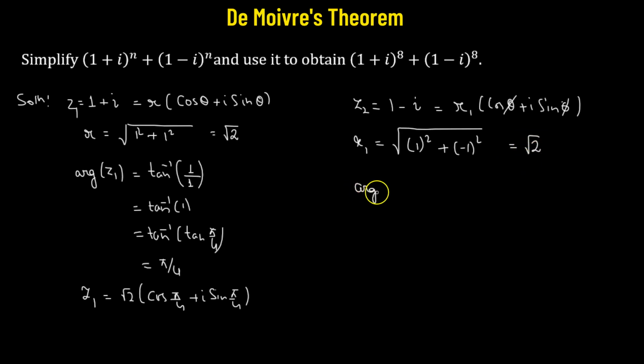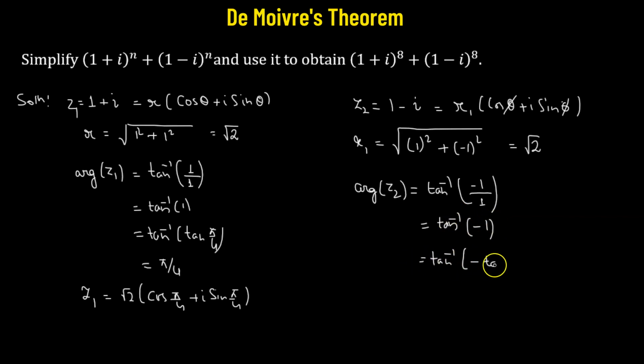Then we'll find the argument of our complex number z2, which will be equal to the inverse tangent of the imaginary part, which is -1, divided by the real part, which is +1. We have tan inverse of -1. Now 1 means we have tangent of pi over 4, but we know that tangent is an odd function, so we can absorb the negative sign within and rewrite it as tangent of negative pi over 4.